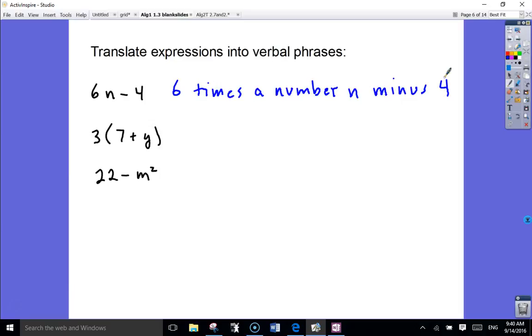But overall, it's a product. The quantity, sure. So we'll say it like that. The product of 7 plus y and 3. How about the next one?